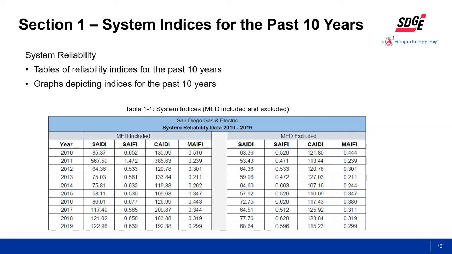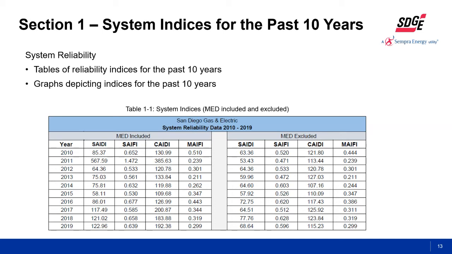If we exclude these major event days, you'll see that data on the right-hand side where it says MED excluded. And you can see that throughout the years 2010 to 2019, our SAIDI performance typically runs anywhere from 50 to 70 minutes, just with a couple of exceptions there in some of the latter years.